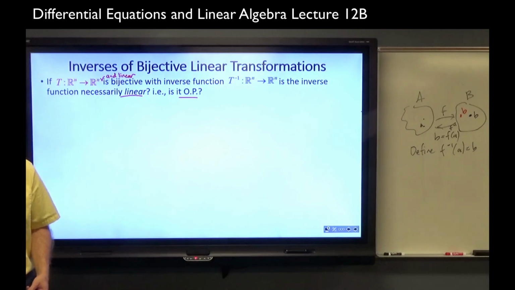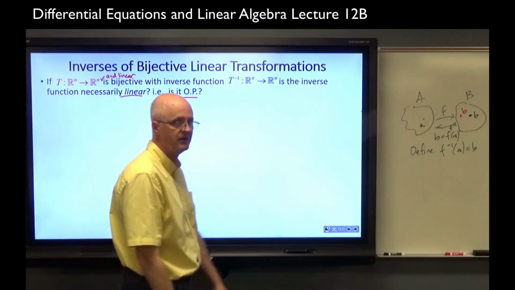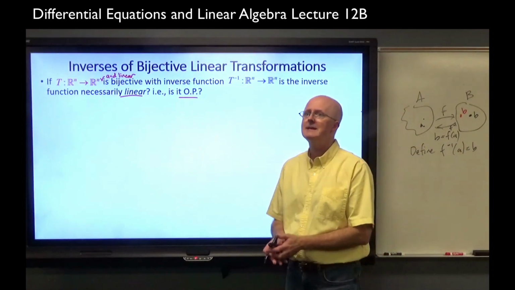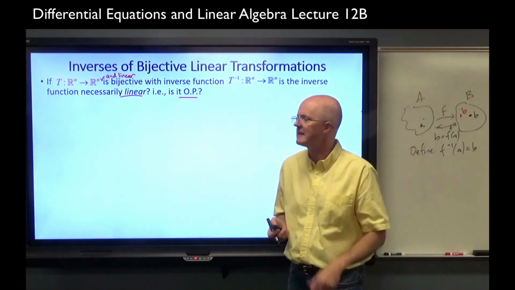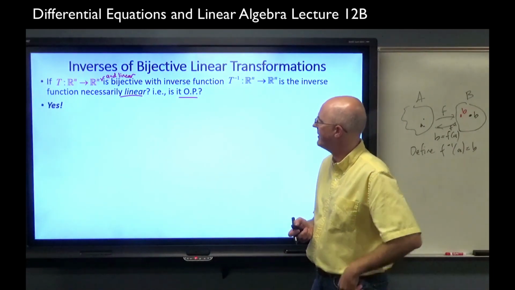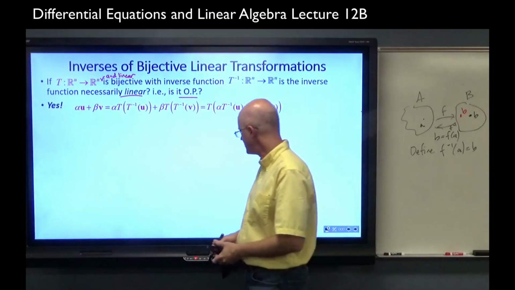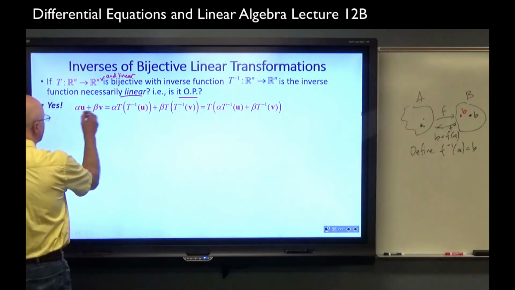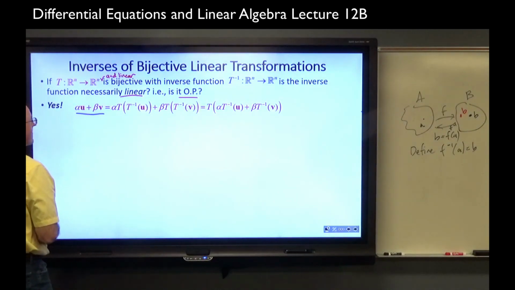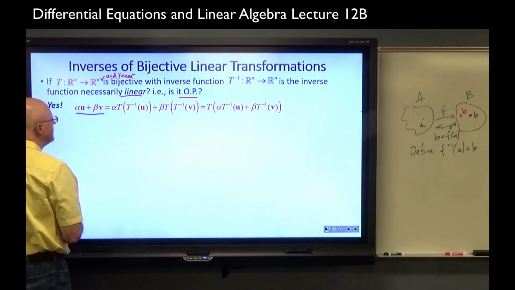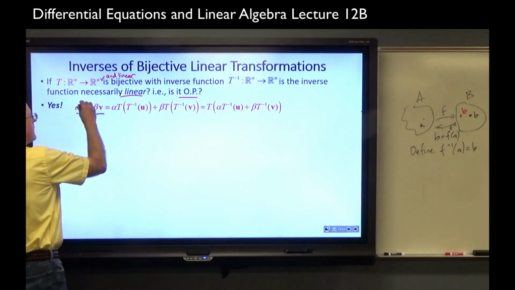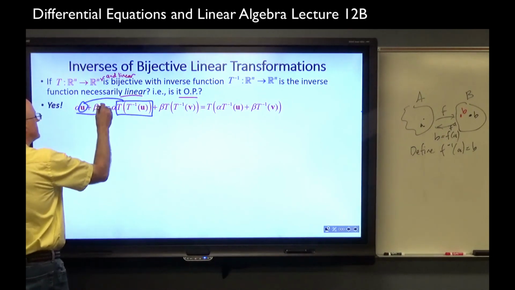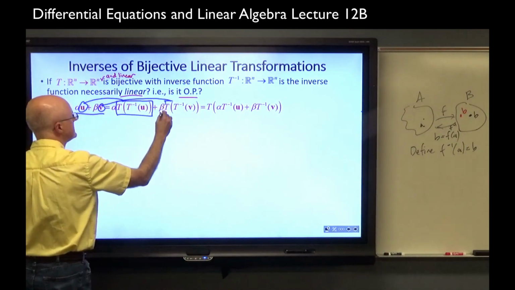It's a tricky argument, and it would be difficult to figure out this argument on your own from scratch for most people. It involves doing some tricky kinds of things. It is linear, and here are the details. The first trick, and this is probably the hardest trick, here I've got an arbitrary linear combination of two vectors, alpha u plus beta v, is to realize I can replace u with T of T inverse of u and replace v with T of T inverse of v.